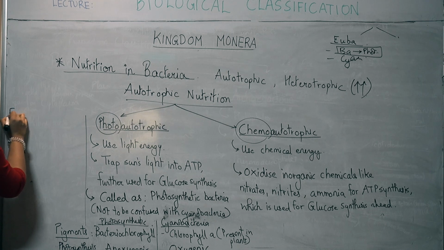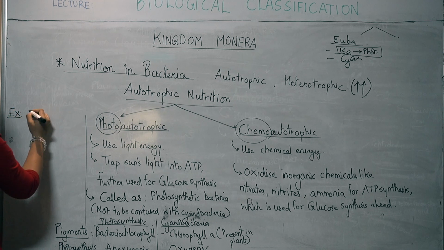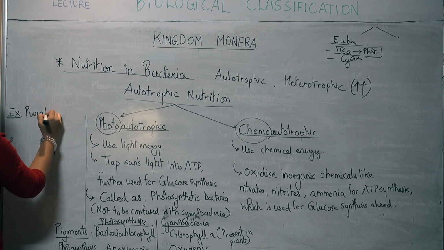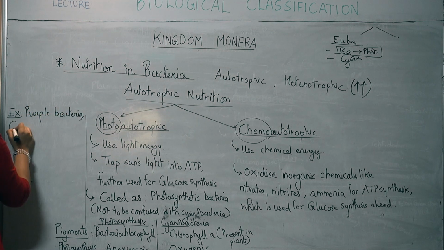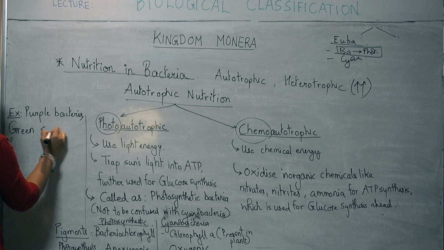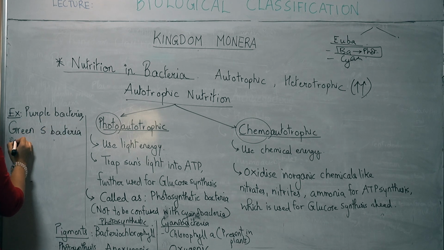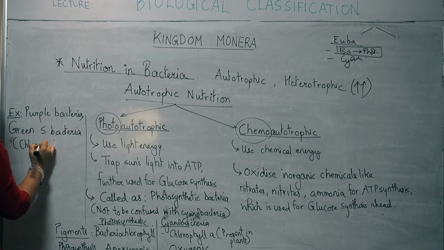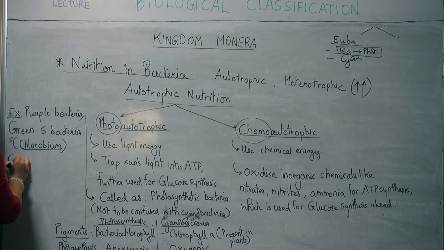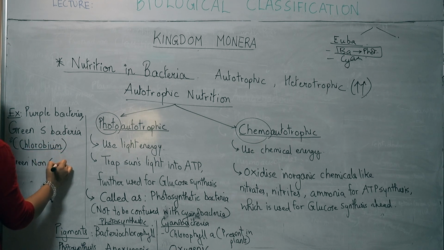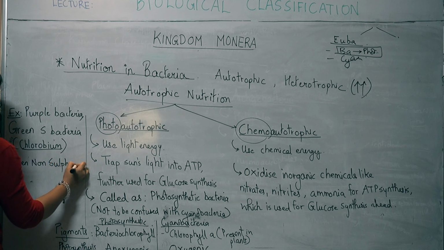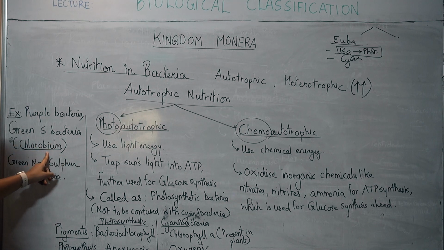Examples include photosynthetic bacteria like purple bacteria, green sulfur bacteria. One of the green sulfur bacteria is chlorobium, a very popular type of bacteria, and green non-sulfur bacteria.